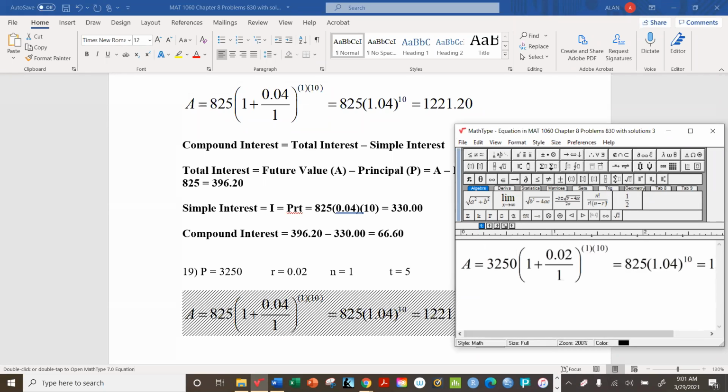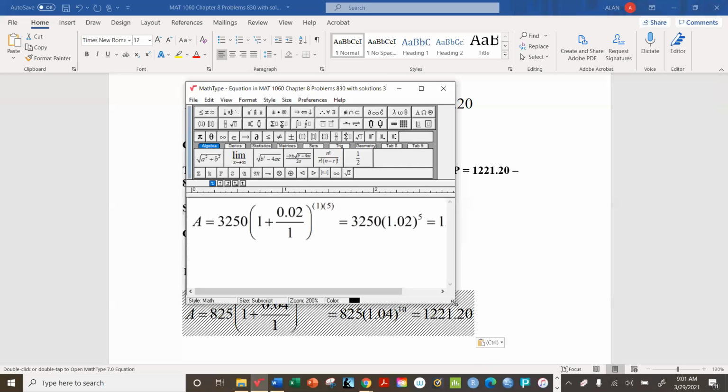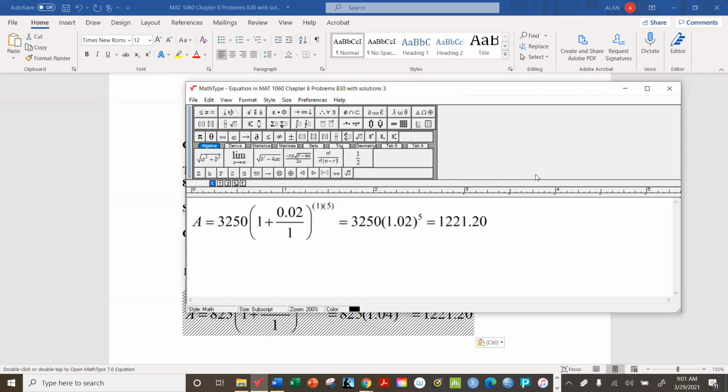Compounding frequency is again 1, but this is now a 5-year investment. So when we simplify this, it's 1.02 raised to the 5th power, which can be easily solved as $3588.26.